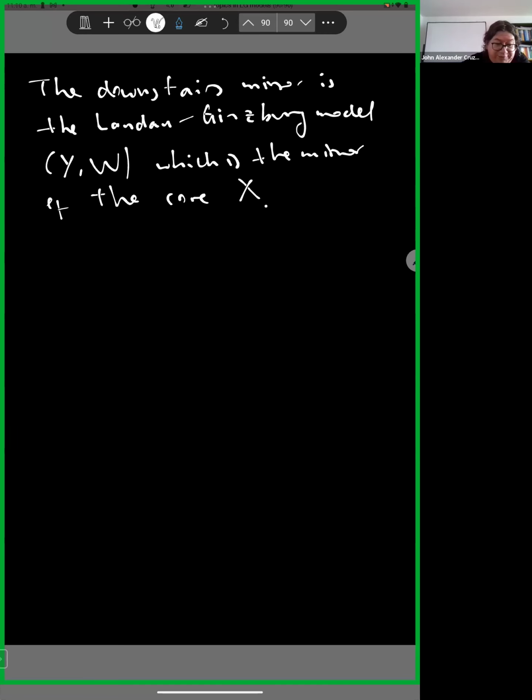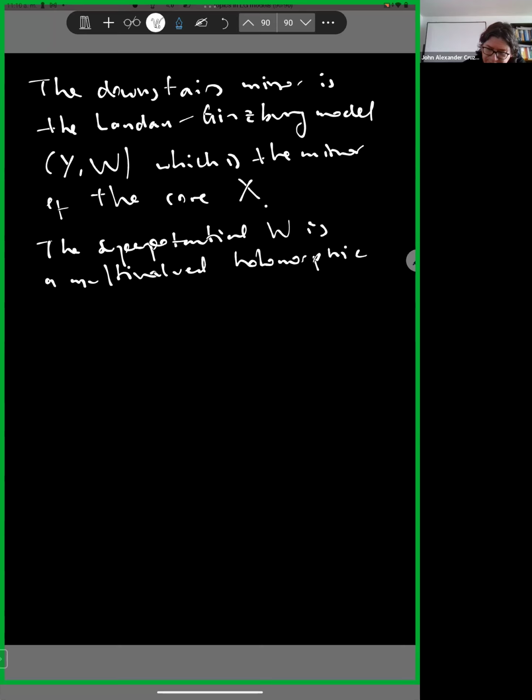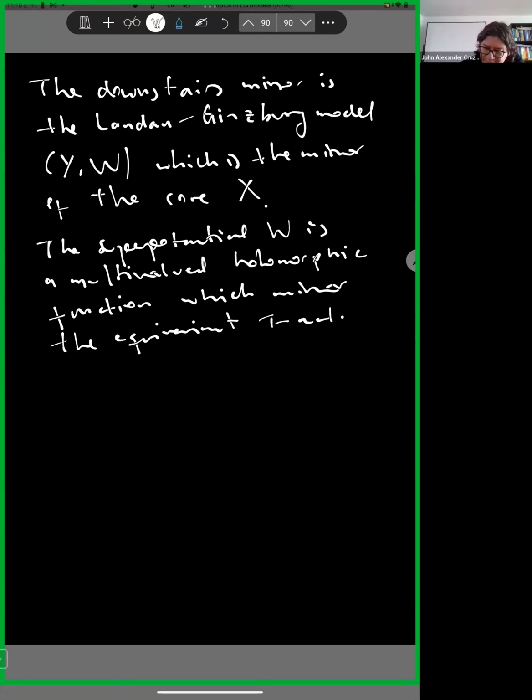Perfect. Good. So here you have this superpotential W. Again, it's a multivalued holomorphic function, which mirrors the equivariant T action on X. Okay, let me write this and then we'll explain something.